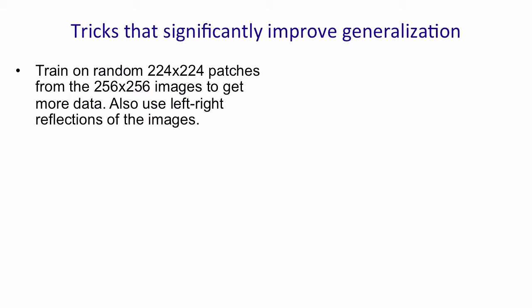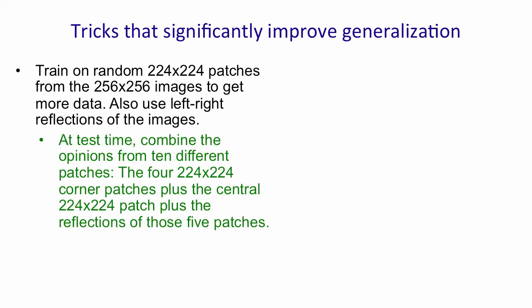Even though they're convolutional nets, that's still a help. He also used left-right reflections of the images, which again doubled the amount of data. He didn't use up-down reflections, because gravity is very important. Left-right reflections don't really change what things look like much, unless they're things like writing.